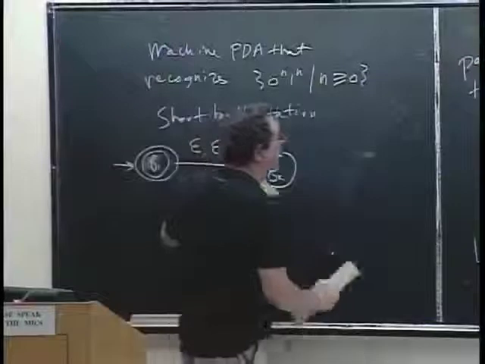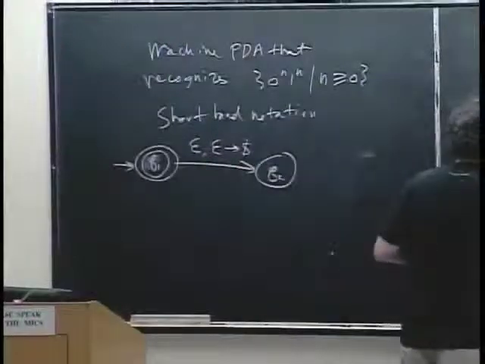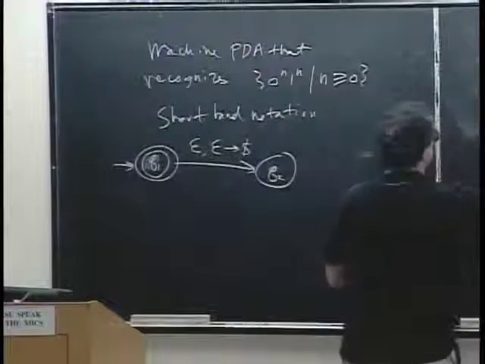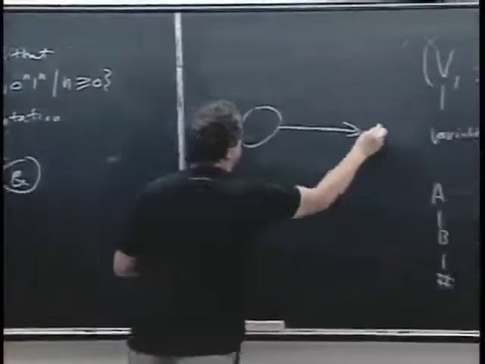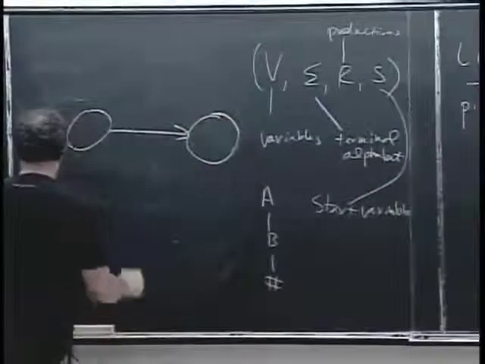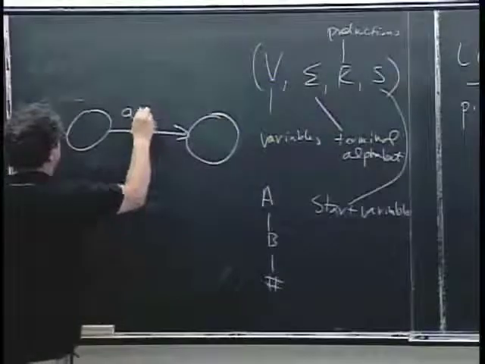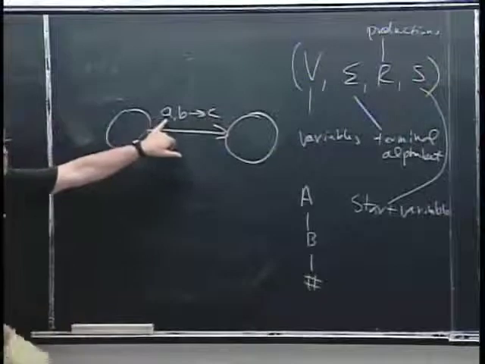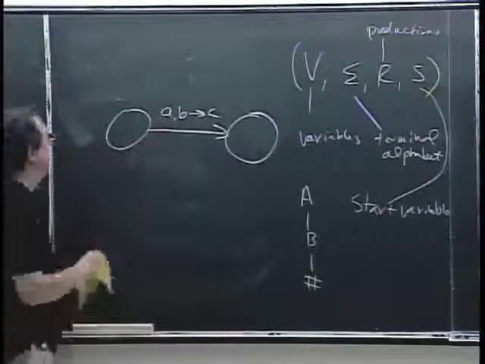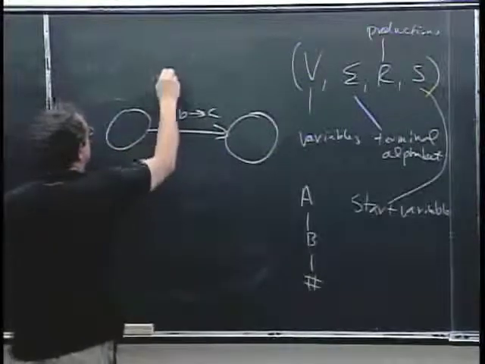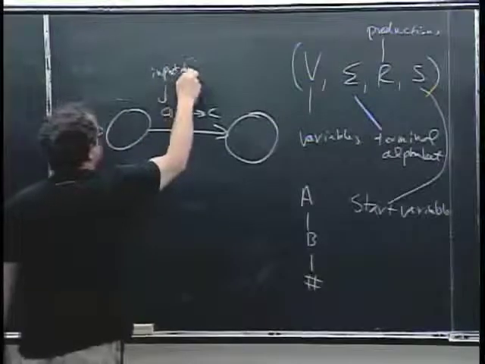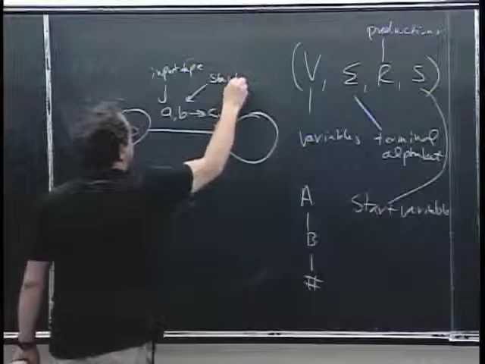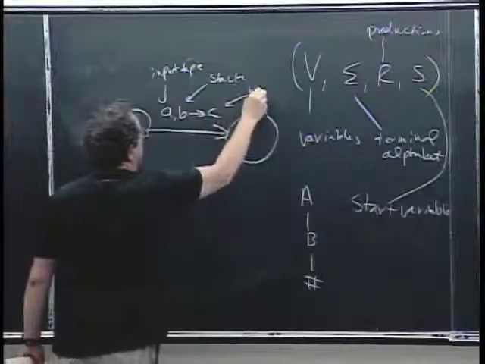So this is actually what's written on that first edge. But in general, what does that mean? If you go from one state to another, then A, B, C: A is what's on the input tape. B is what's on the stack. And C is what you write onto the stack.